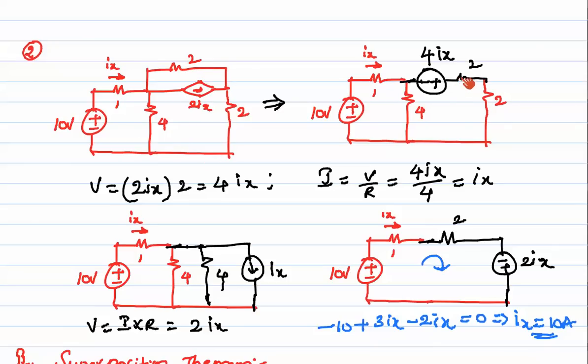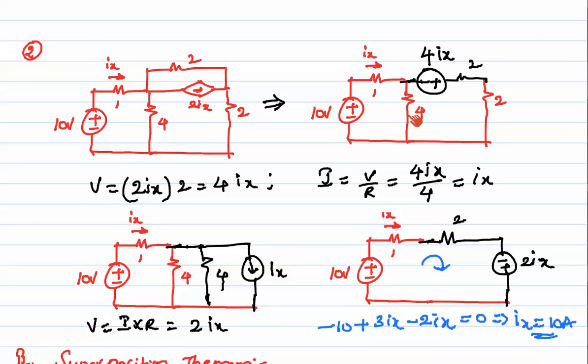I have represented it here in series with 2 ohms. Now, with 2 in series, we write the combination as 4. So a voltage source in series with 4 ohms. I is equal to V by R, so I can convert this 4Ix voltage source in series with the 4 ohm resistance into a current source of Ix value.